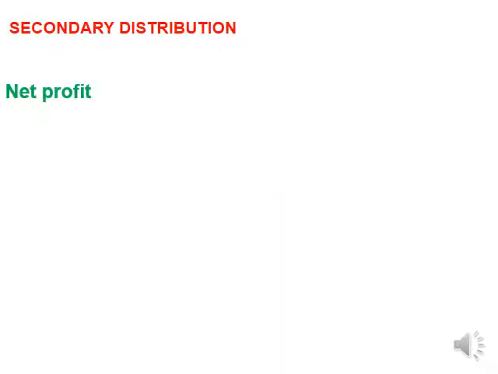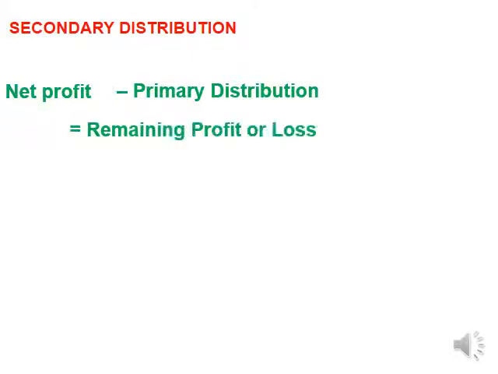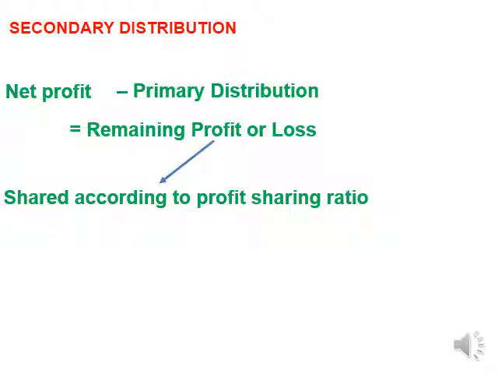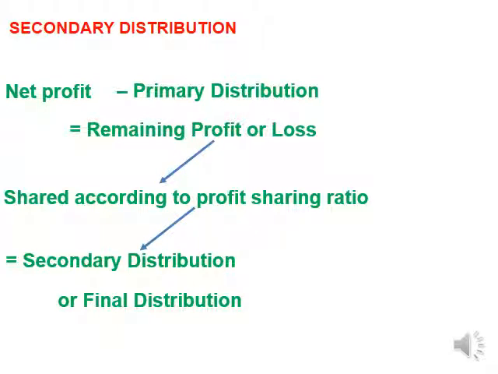If we take our net profit minus our primary distribution, which is the salaries paid to the partners plus the interest on capital paid to them, that gives us the remaining profit or loss, and that is shared according to the profit sharing ratio. We call this the secondary distribution, also known as the final distribution.